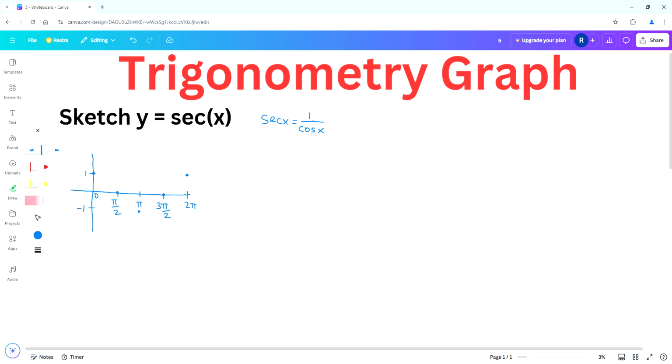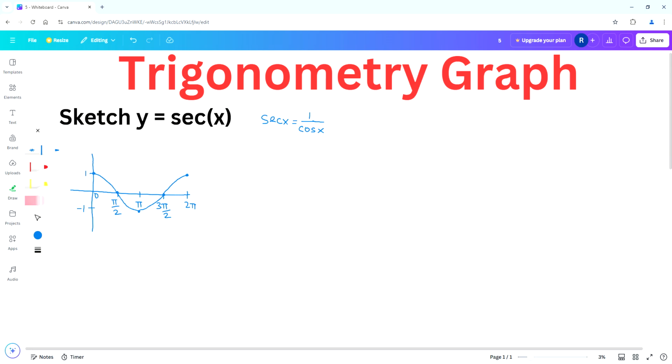We can join these points in the form of a wave to sketch the cos x function. This is the sketch of cos x function from 0 to 2 pi. Now we can use this graph to sketch secant x.